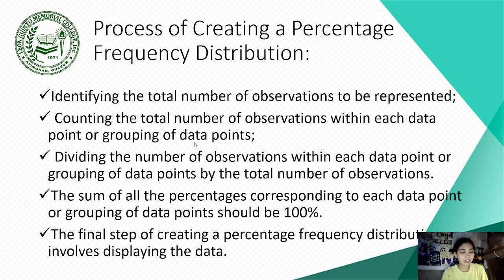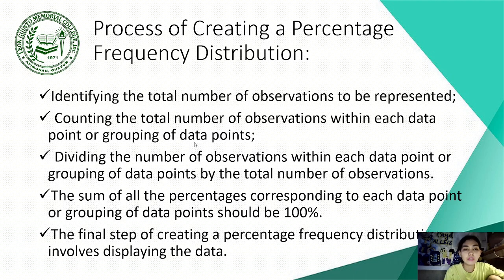Here is the process of creating a percentage frequency distribution. First, identify the total number of observations to be presented. Then count the total number of observations within each data point or grouping of data points.